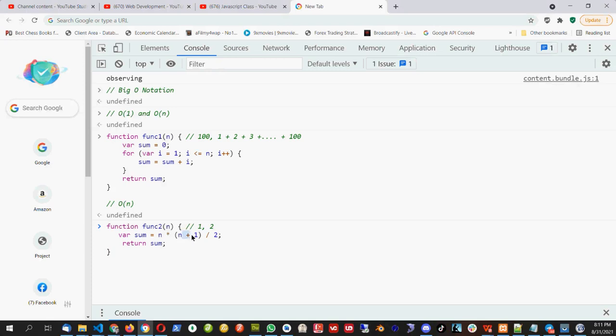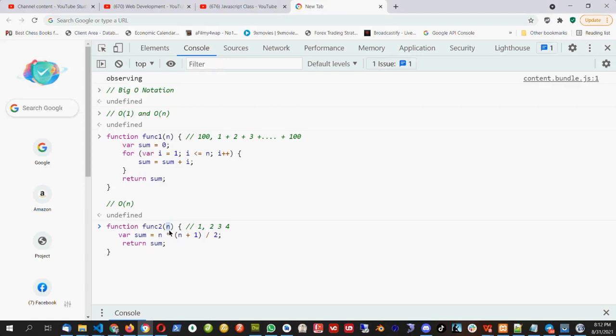Third is this addition, let's say 3. Fourth is this division, that is 4. So here, if we pass any number, the operations are only 4: 1, 2, 3, and 4. So we have only 4 operations in this function.